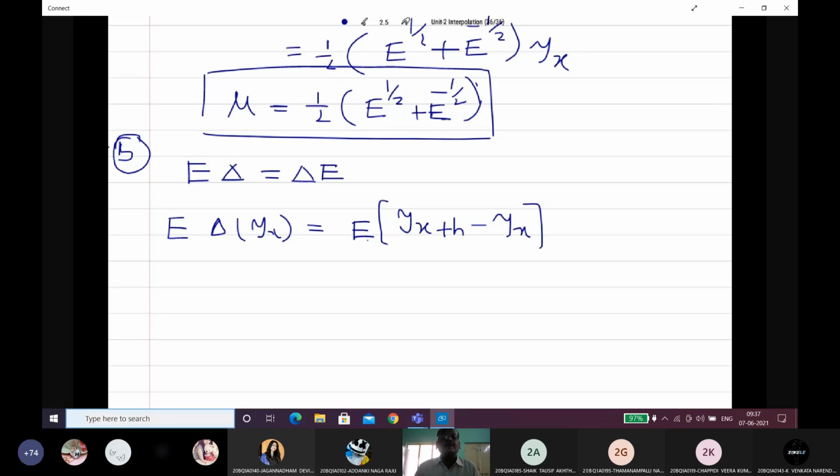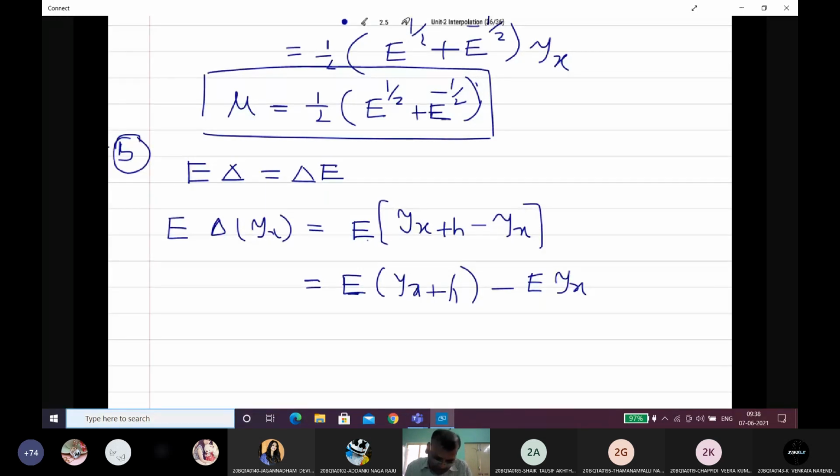But we know the property that E of f1 of x plus f2 of x is equal to E of f1 of x plus E of f2 of x. Therefore, we write this as E of y of x plus h minus E of yx. E of yx is y of x plus h, and E of y of x plus h is y of x plus 2h.